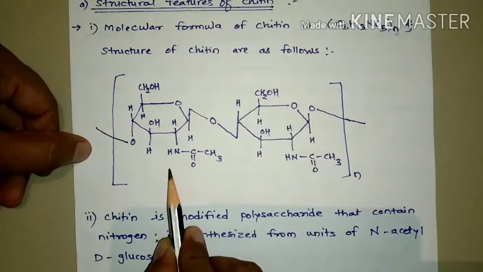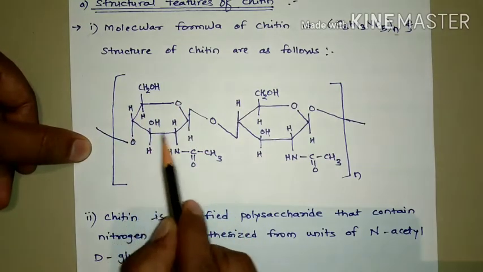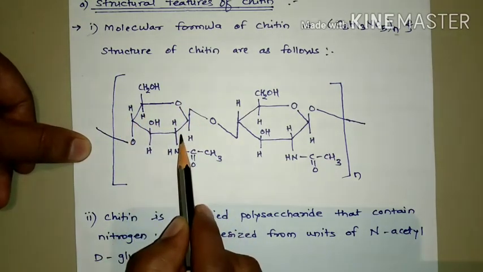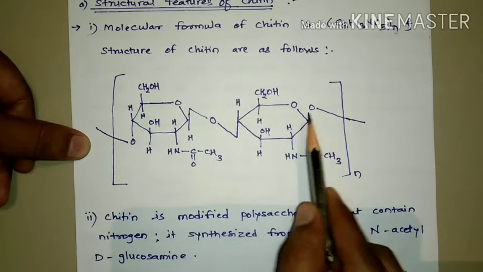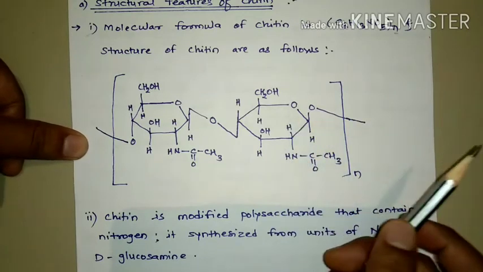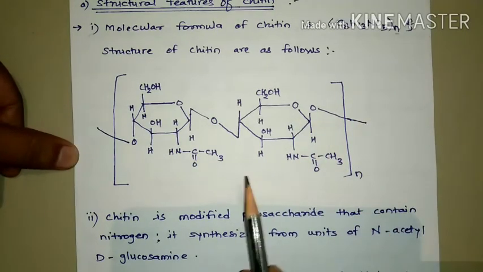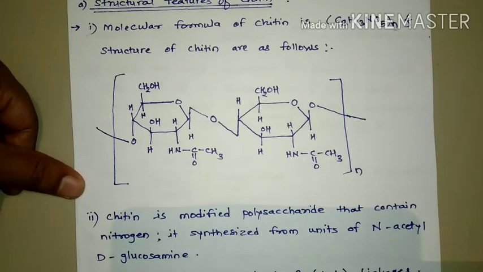In this chitin structure, a 6-member cyclic compound is present in the first unit, and in the second unit again a 6-member cyclic compound containing oxygen is present. So the explanation of the structure we have to see in the following points.